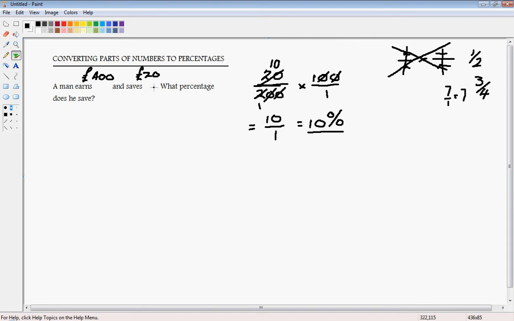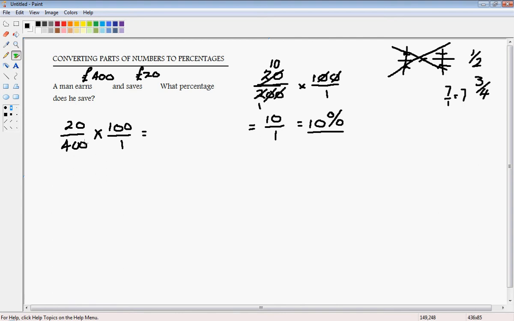Okay, so he's saving 20 of the 400. So this is 20 of the 400, and because it's a percentage, we multiply by 100 over 1. Okay, so whenever you see what as a percentage or what percentage, you multiply by 100 over 1.